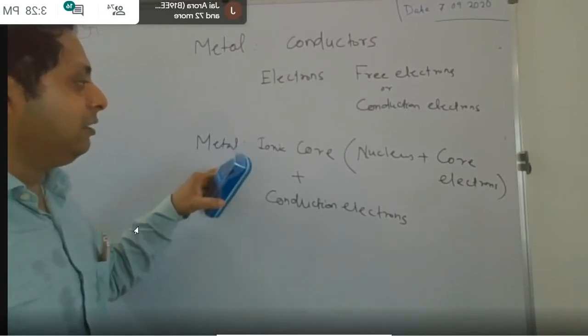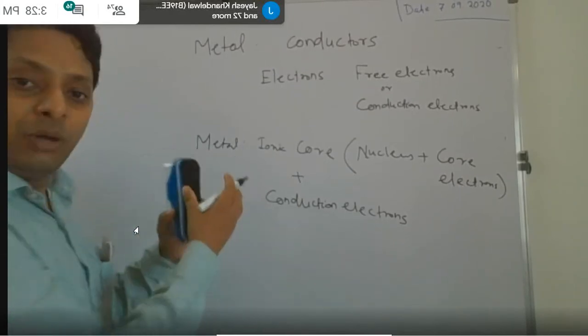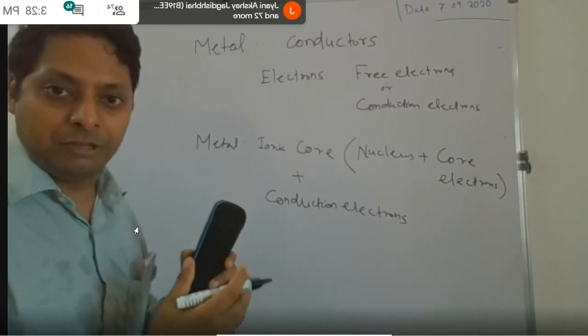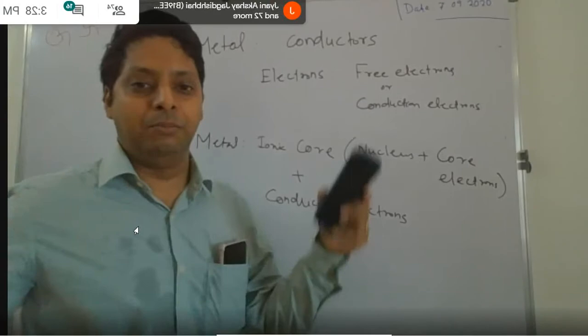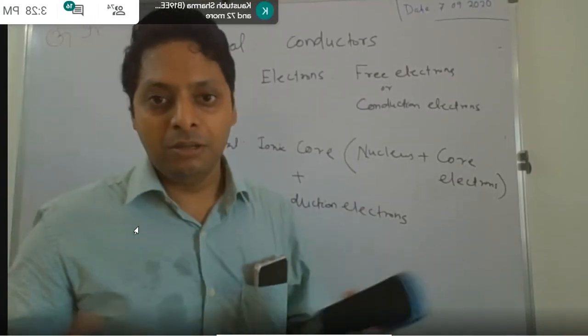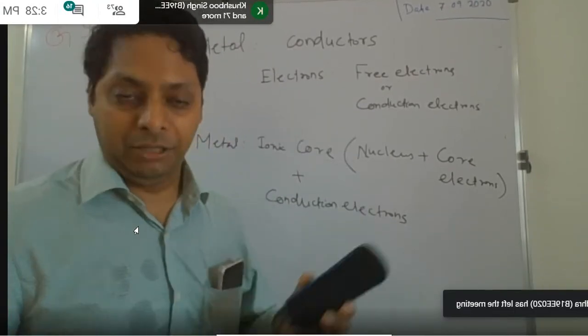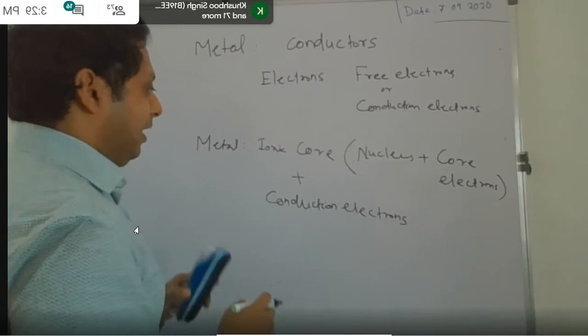But in a metal, you say that it is like a regular arrangement of atoms. First of all, a metal consists of many atoms, not one single atom. So it consists of maybe 10 to the power 23 or so atoms.